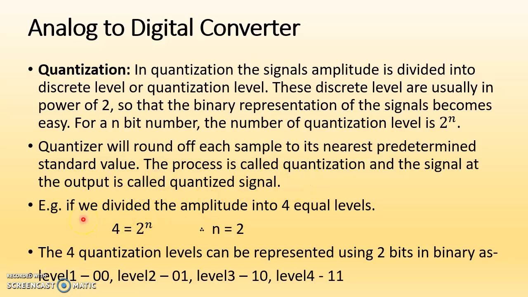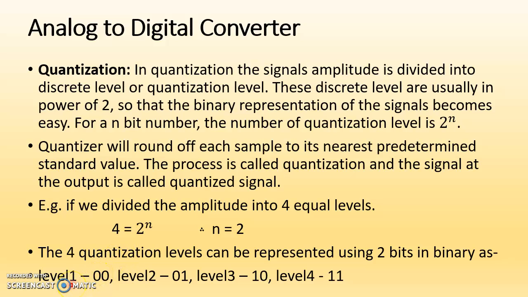For example, if we divide the amplitude into 4 equal levels, then 4 is equal to 2 raised to n, therefore n becomes 2, because 2 raised to 2 is 4. So the 4 quantization levels can be represented using 2 bits in binary. In this example, it will be in terms of digital code or levels.